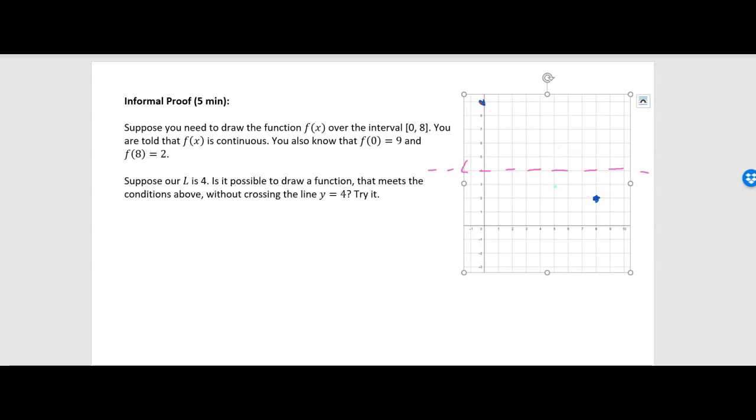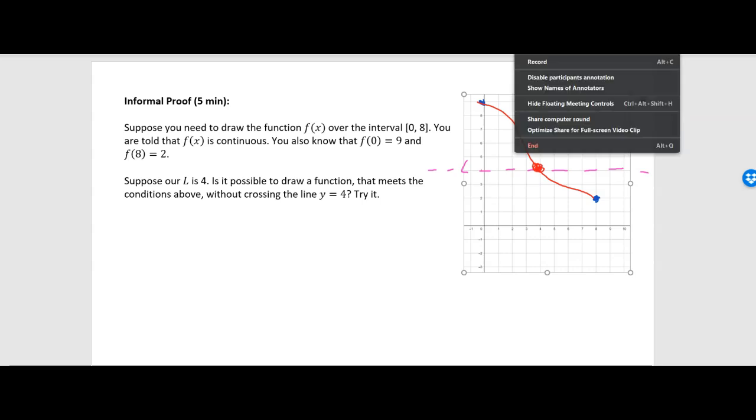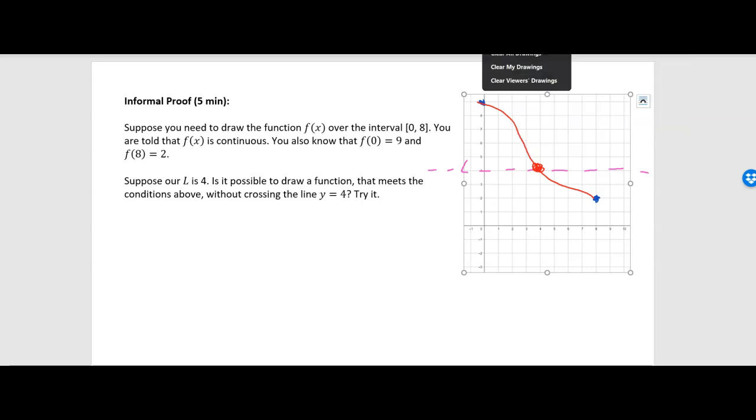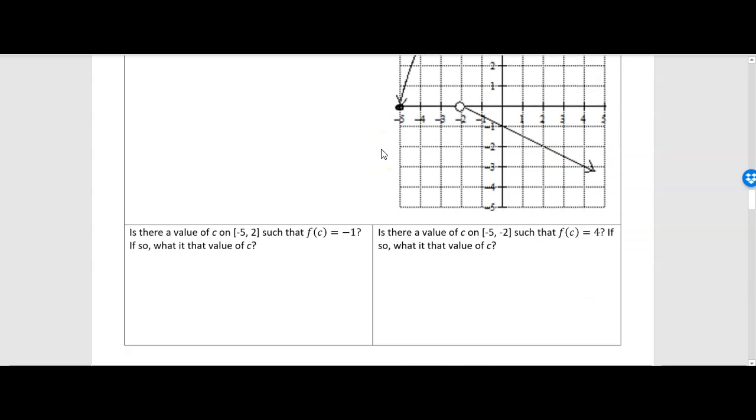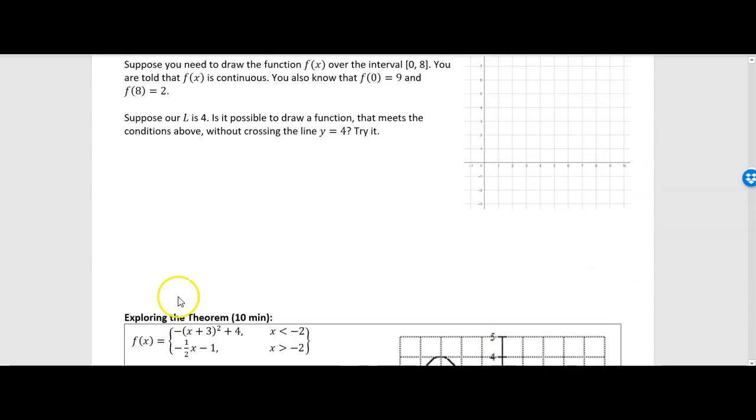If you make sure the function's continuous, there is no way to go from blue point to blue point without crossing that pink line, which represents that y value. Okay. All right, let's do one set of practice problems, and then we're going to call it for the first half of this video. And then we will come back for part 2 with some more practice problems.